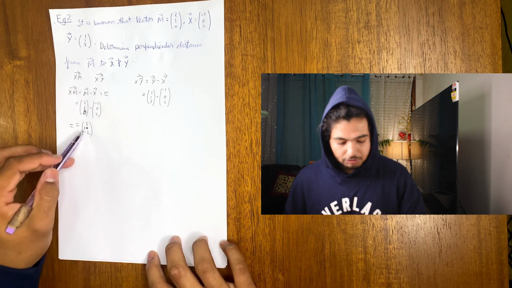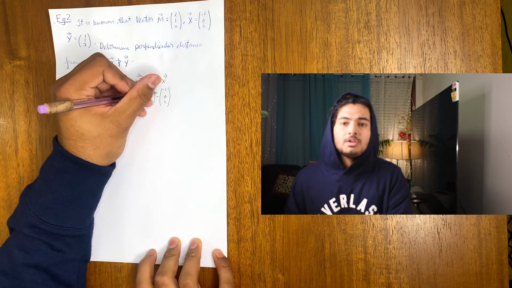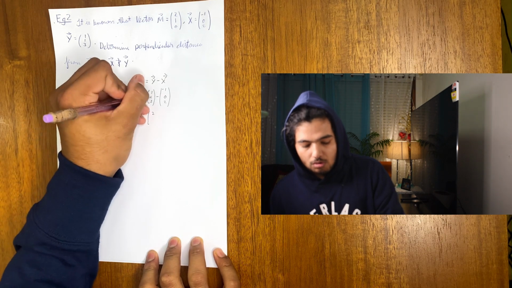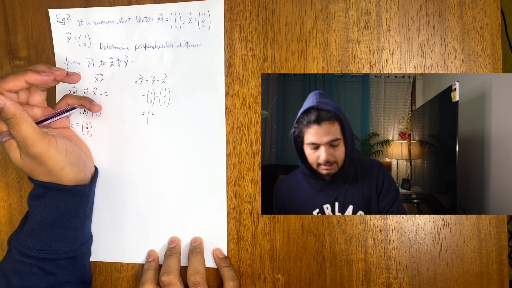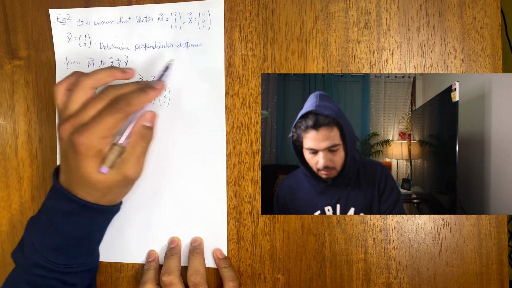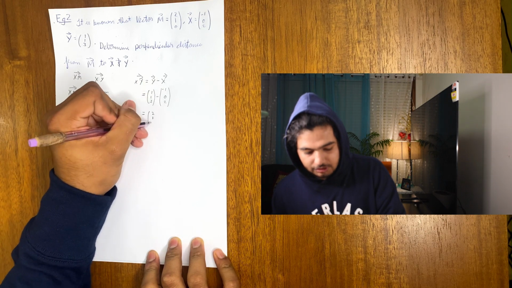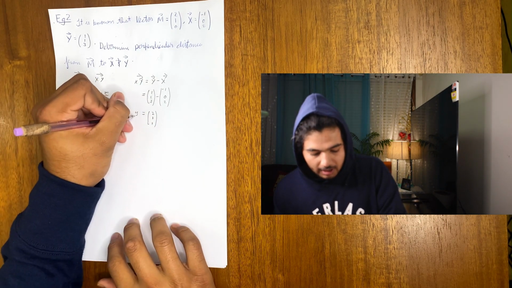So 1 plus 1 will be 2, 1 minus 0 is 1, and 3 minus 2 is 1. So this is what we get. We'll denote this as lowercase y.